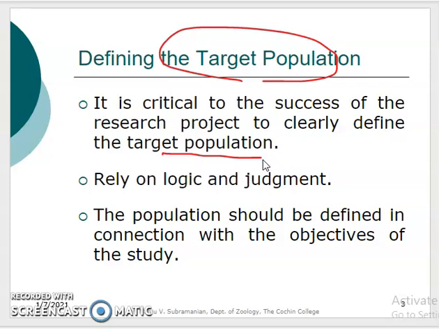If we are collecting data, we collect it from a population or from an area, and the area from where we collect the data is called the target population. So before collecting the data, we have to clearly study that particular population, and the population should be defined in connection with the objectives of the study.